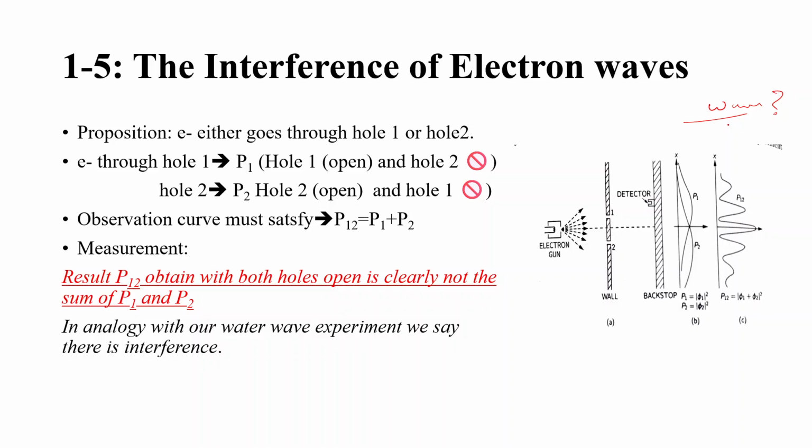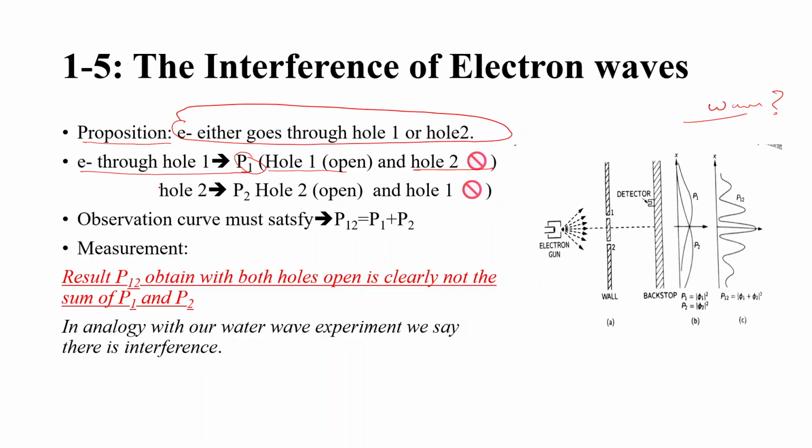So let's discuss it. Before starting this, we have a proposition. We say an electron either goes through hole 1 or hole 2. Okay, that's easy. Now, for further discussion, if the electron goes through hole 1, then hole 2 is closed and hole 1 is open, so we get P1 probability and the P1 curve, as you can see.